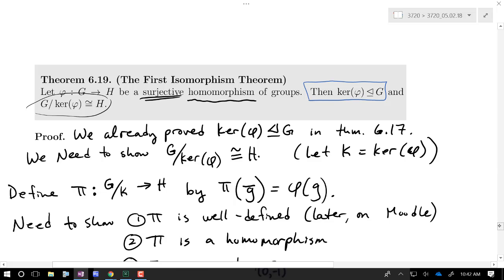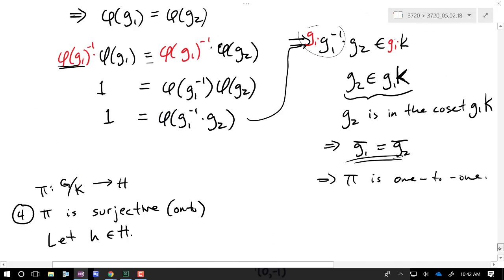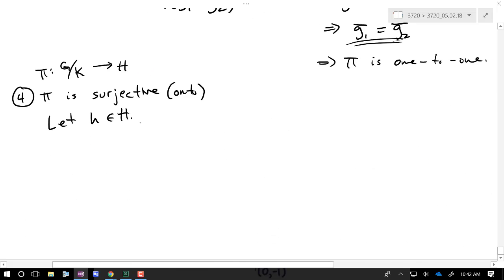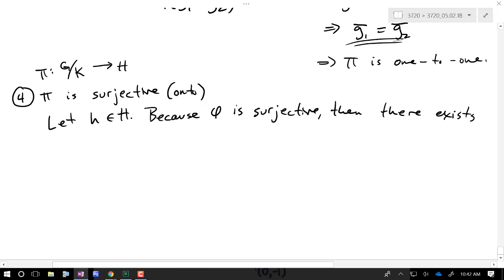So we know at the very least there's an element in G that maps to h under phi. So because phi is surjective, there exists some element g such that phi of g is equal to little h.